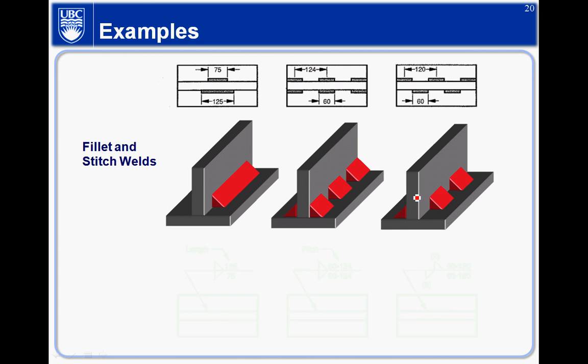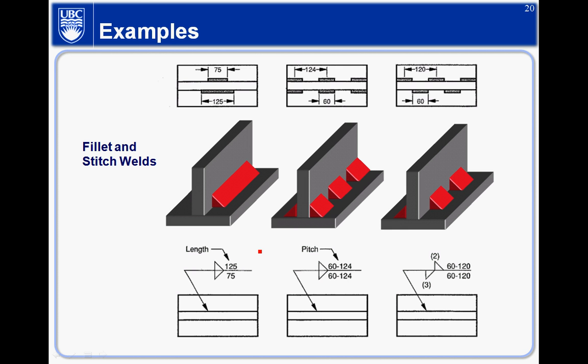In terms of the symbol, this is basically what you can use here. When you point the arrow to this side, that's 75, and 125 on the other side. And this is 60, 124, so 60 is the length and 124 is the pitch.